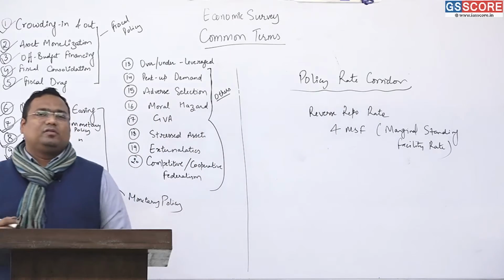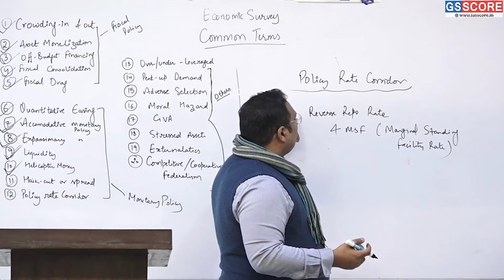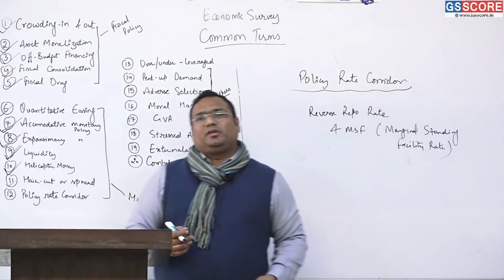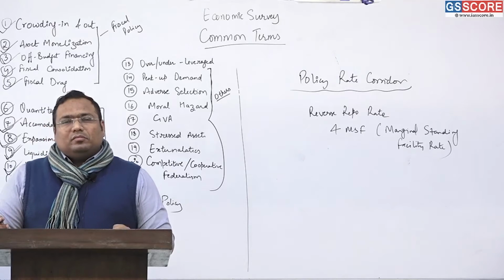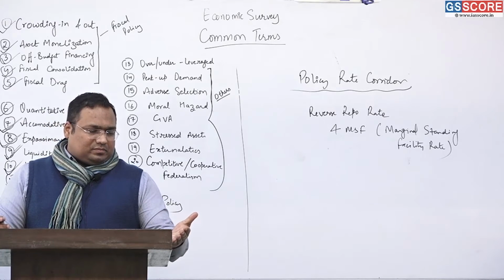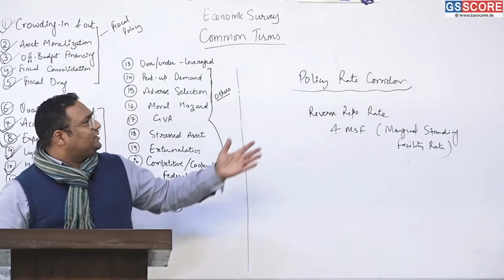The difference between the lowest policy rate and the highest policy rate is called the corridor. There is no actual explanation required for this. This is a technical thing.